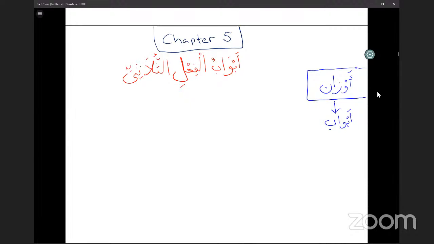The definitions we took, we said awzan means verb forms. That was one definition. Scales. Abwab has many definitions. From them, we'll say subcategory.